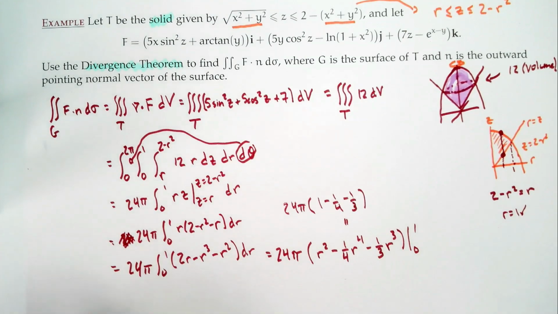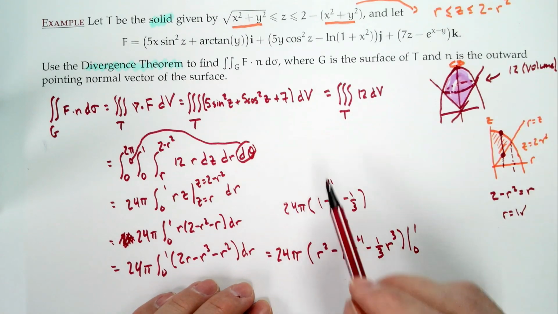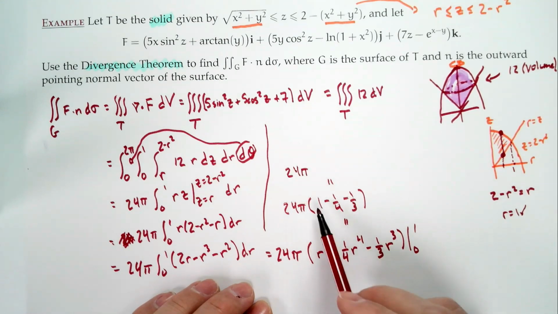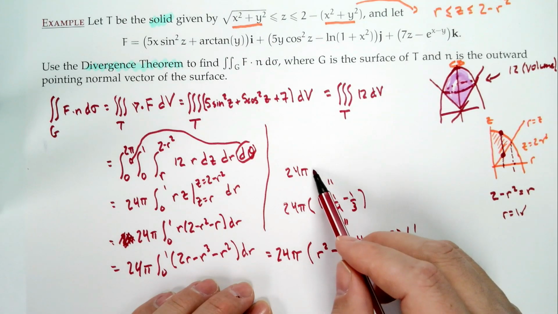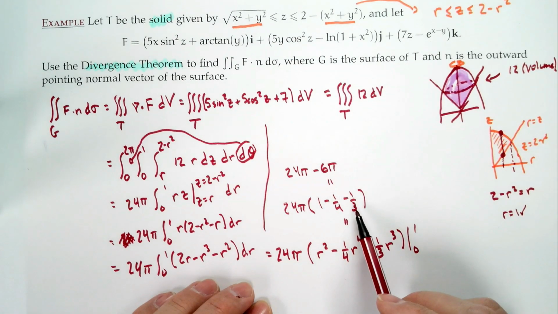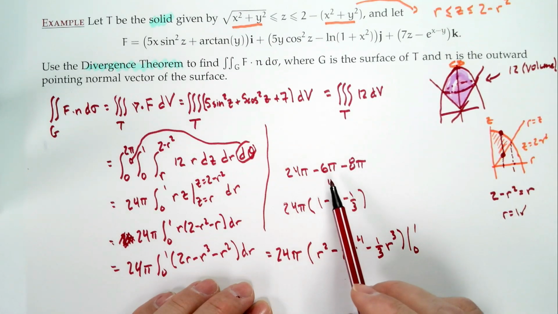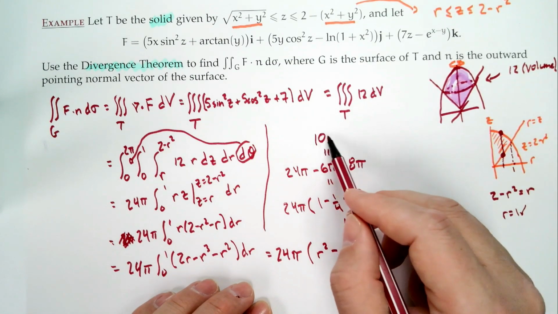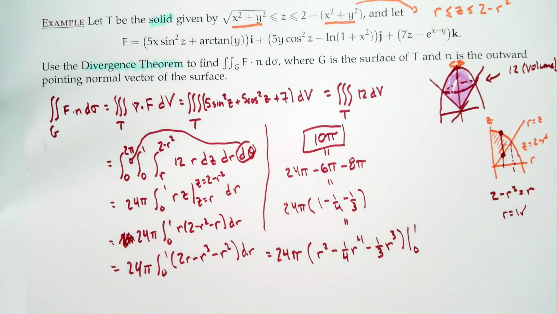Now, we could try to get a common denominator, but let's just multiply through. You end up with 24π. Then we multiply by 1/4: 24 divided by 4 is 6, so minus 6π. Then divided by 3, that'll be 8π. So 24π minus 6π minus 8π will leave us with a grand total of 10π. That's it. There's our answer.